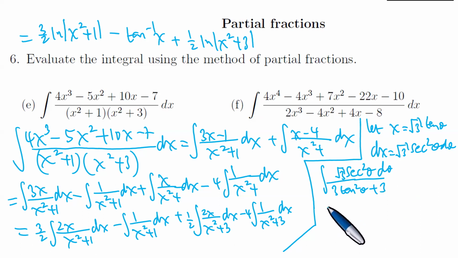Meaning you have square root of 3 over 3 sec squared, and the tan squared plus 1 is going to be sec squared, and this gives us only d theta. And you have to find the integral of d theta.